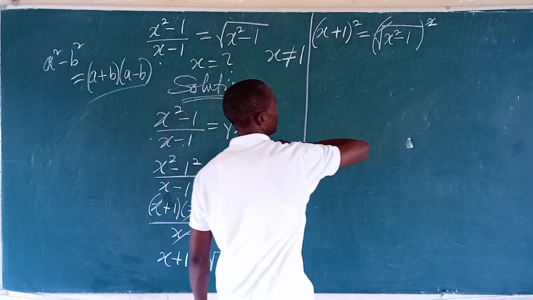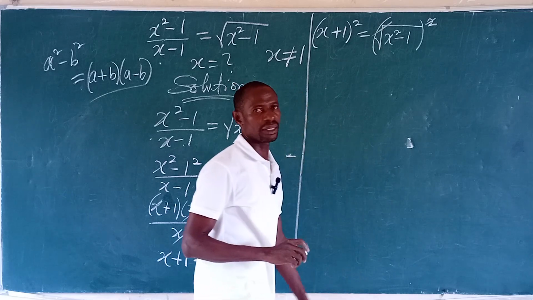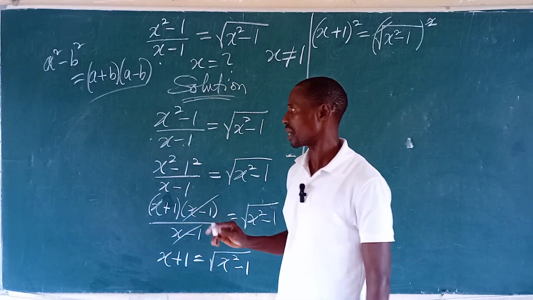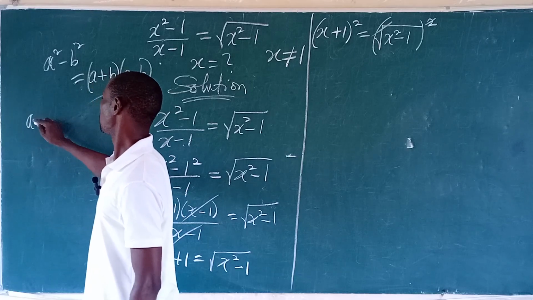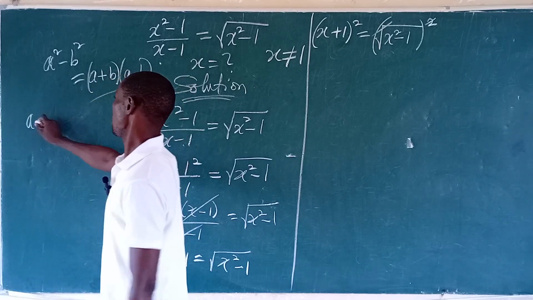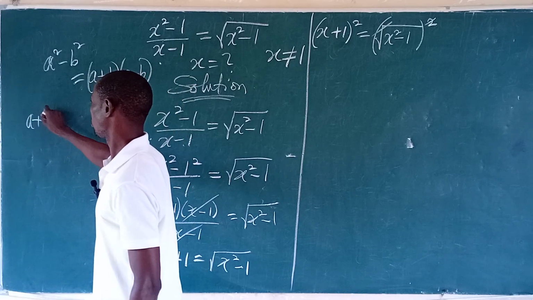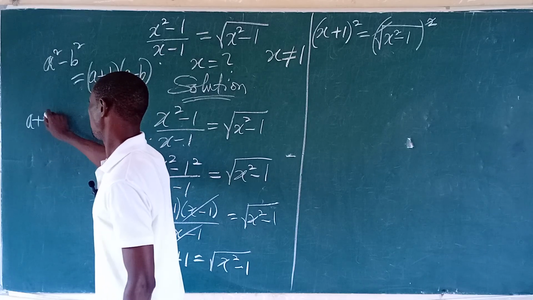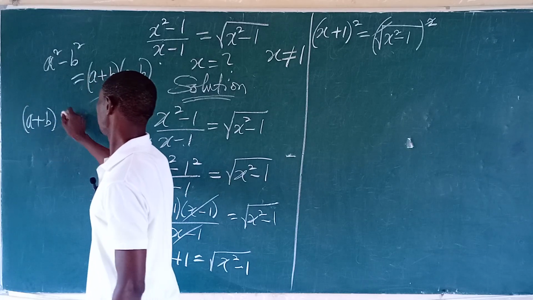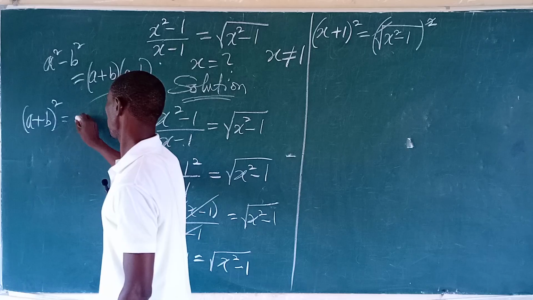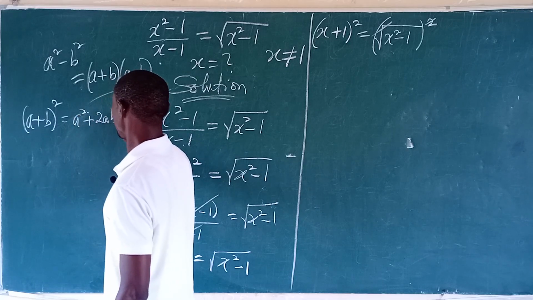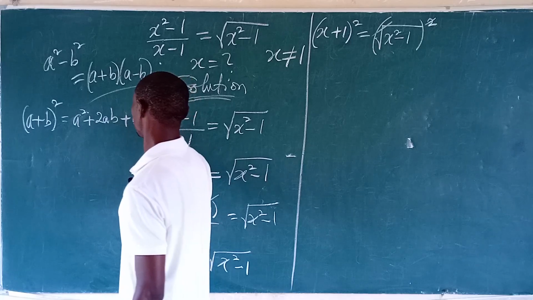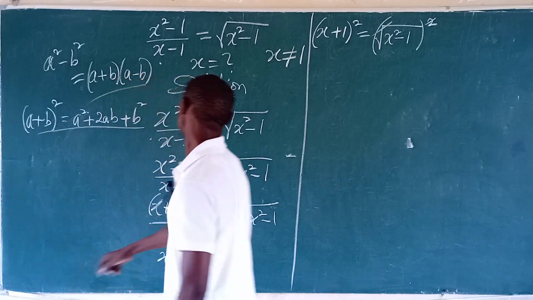Good. So what happened? The square will go with this radical. We apply a law in algebra which says that (a + b)^2 = a^2 + 2ab + b^2.